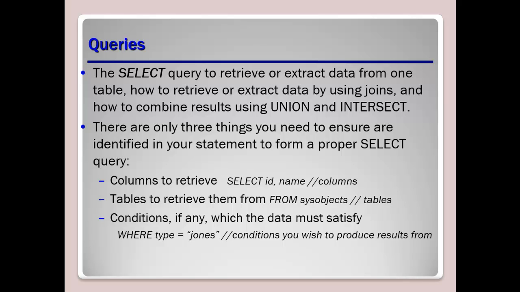So select some columns from this table or tables, and then for the conditions that may or may not need to be made, we use the word where they meet some type of condition. So we want select, from, and where, but that's not always needed. You can have a proper select just using the select from clause.